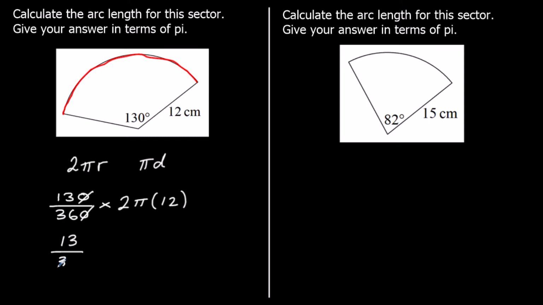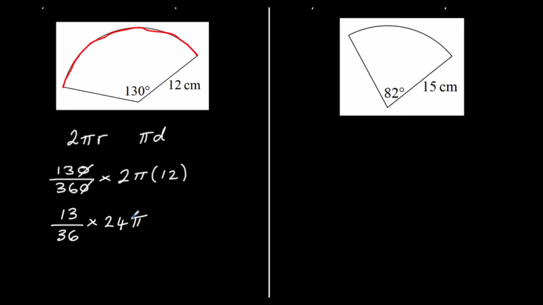So we've got 13/36 times 24 pi. And then we can simplify again. So we can think of 24 pi as 24 pi over 1. So it's 13 times 24 pi over 36.